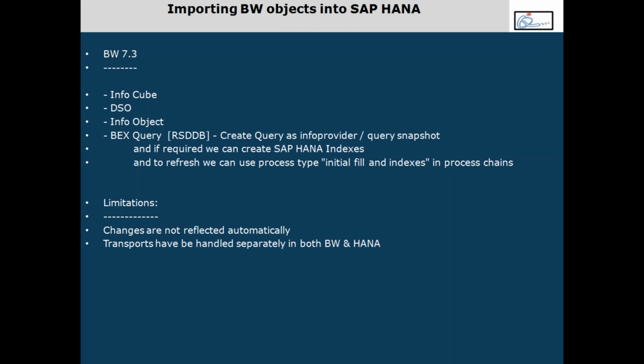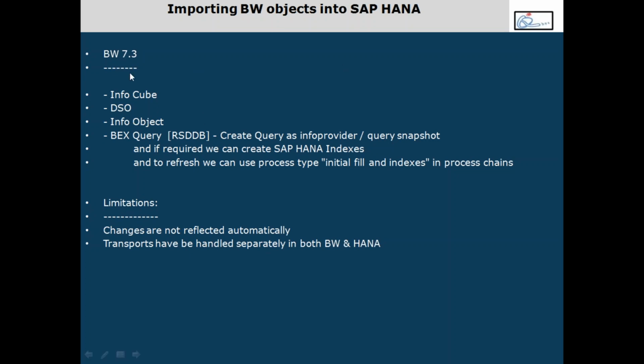If it is BW 7.3, we had to manually import those cubes or DSOs. Then I'll show you the option in 7.4, where we don't have to manually import. We'll see both cases. In 7.4 there's a different option of doing it.